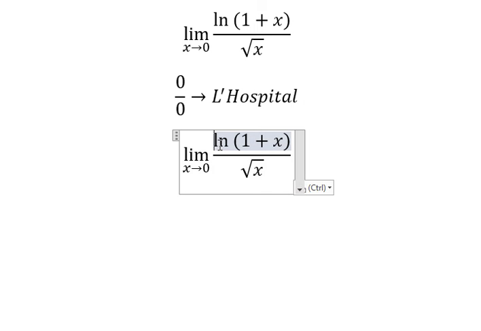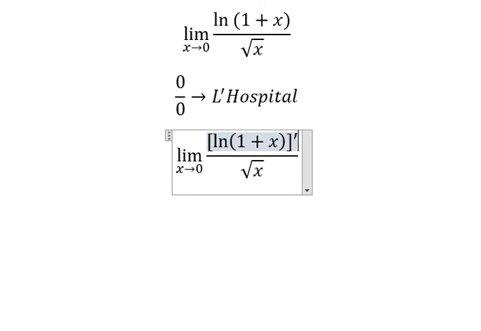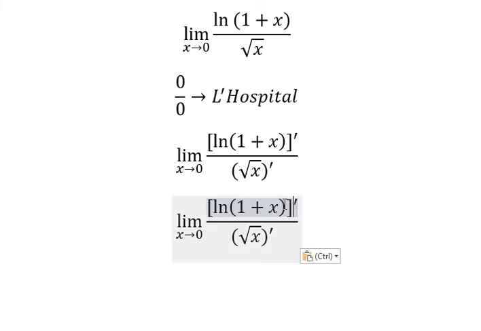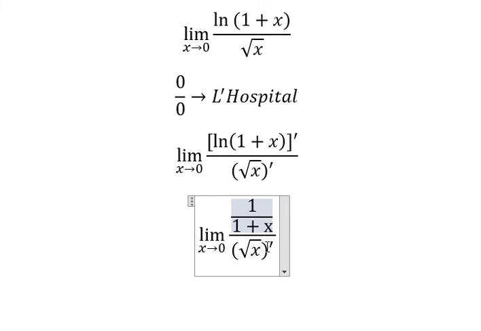So we need to take the first derivative of the numerator and denominator. For this one, you get 1 over 1 plus x. This one you get 1 over 2 times the square root of x.